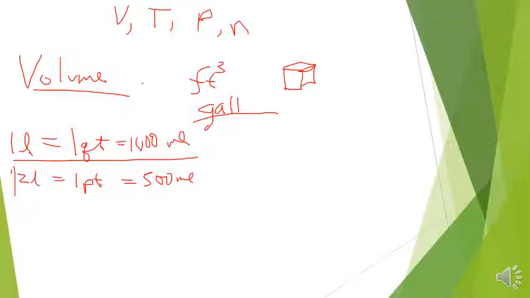I'm right now looking at a bottle of Diet Coke, and on the side of it says it has 500 mils in it. But it also tells me it's about 1.06 pints, and it also tells me that it's about 16 ounces. So if a pint is 16 ounces, then a quart is 32 ounces.